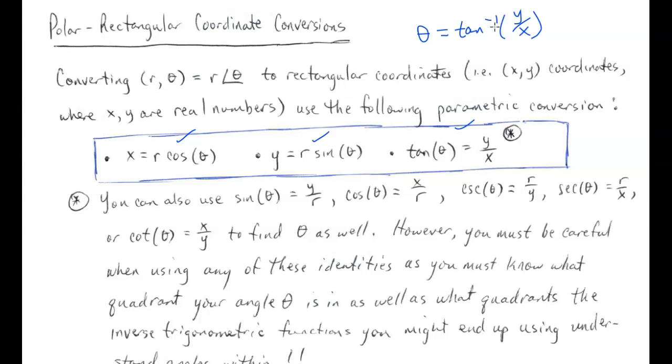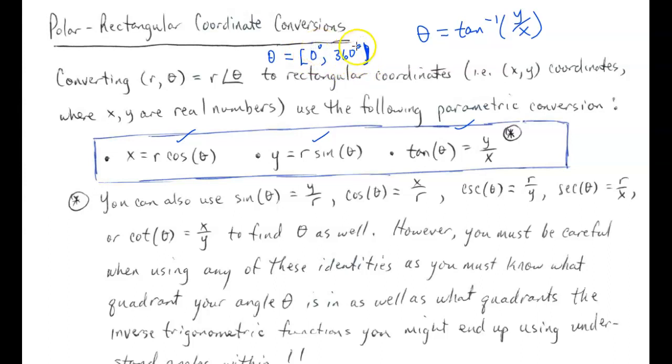Part of the reason I say that is, let's assume that our angle theta is in standard position. Then that range of theta is normally going to go from 0 to, let's say, 360 degrees, if I want to refer to it that way.